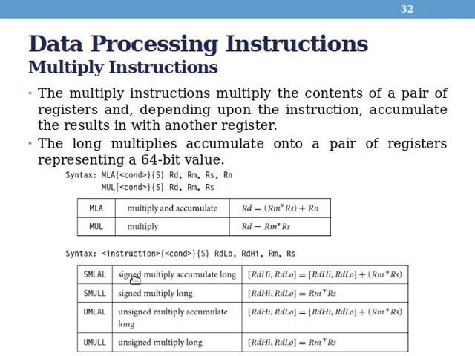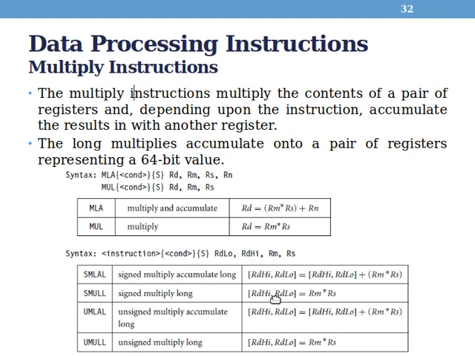Long instruction means the result will always be a 64-bit value, so we need two registers for storing the result, because one register can store only 32-bit data at most. For holding 64-bit data we need at least two registers.